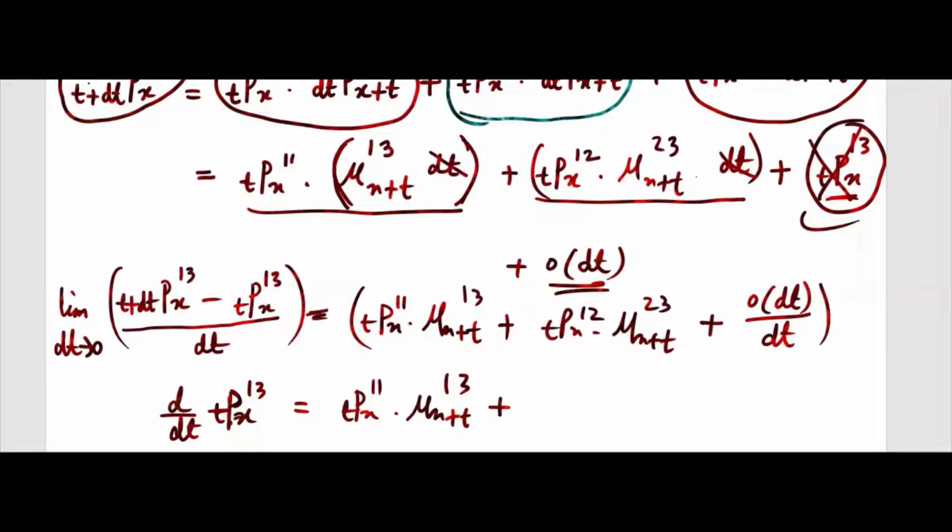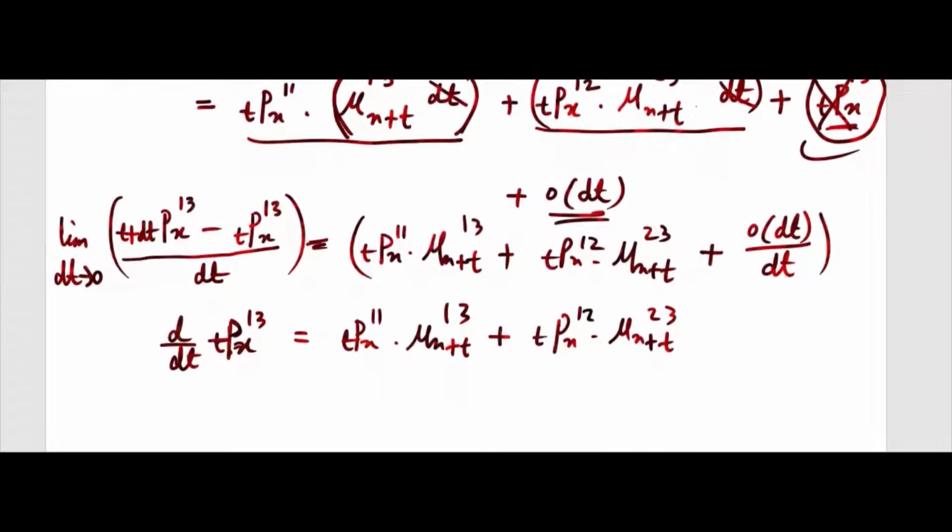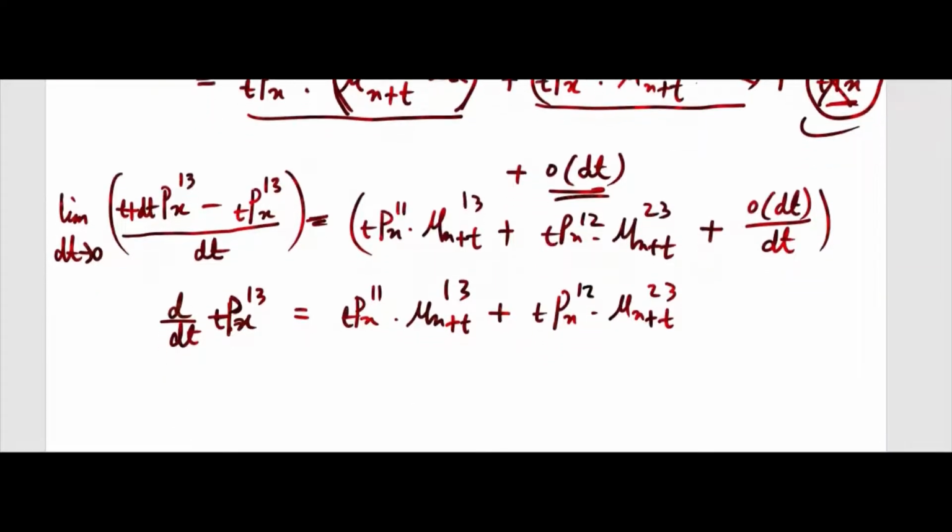And we always used Kolmogorov's forward equation. The form is this one, but we derived it from first principles, plus p_x^{t,12} mu_{x+t}^{23}. So we already used this equation in the last 2 to 3 classes.